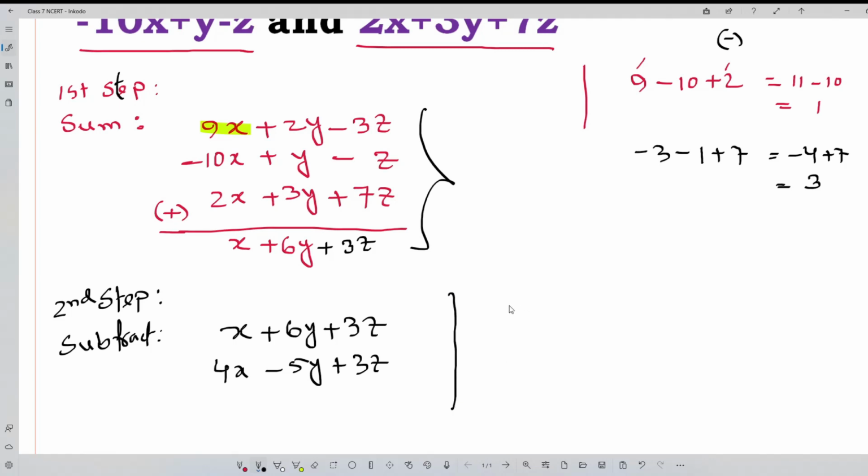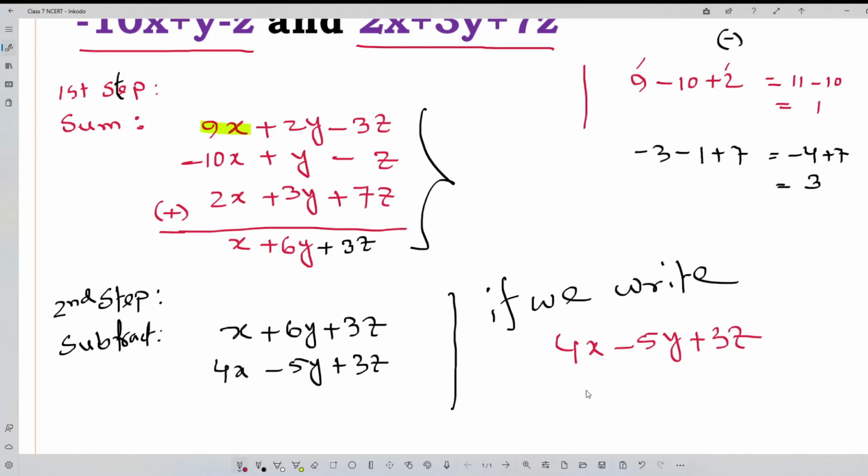Look, if we write 4x minus 5y plus 3z and then x plus 6y plus 3z, then you will get 0.